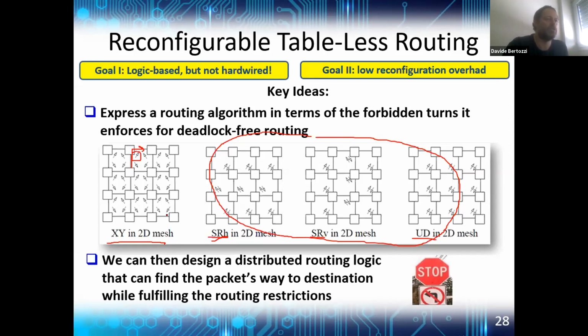Whatever direction that you can select that approaches the destination and that meets the routing restrictions, then this is a legal routing path with that routing algorithm. And this actually enables also some form of path diversity. There may be several legal ways to reach a destination.